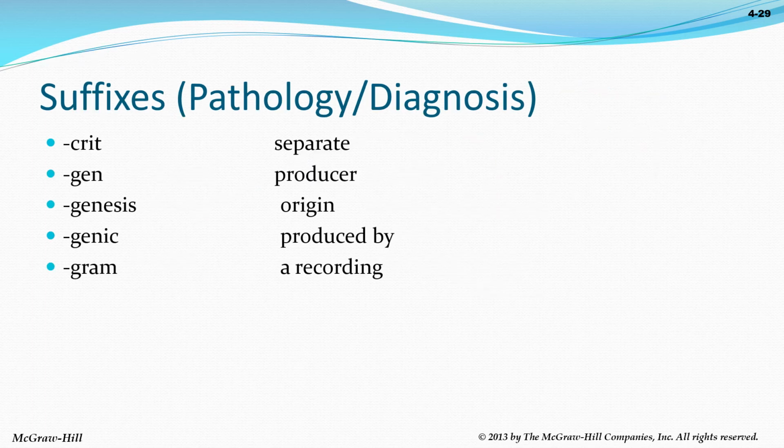Let's do Gen. Just think of the book of Genesis in the Bible. That's the origin story. Gram is the record. So they used to send messages with beeps and dots. What was that called?